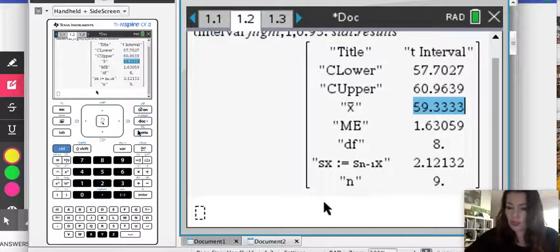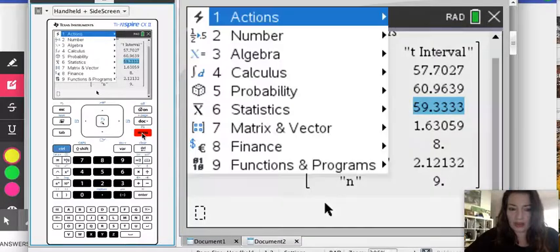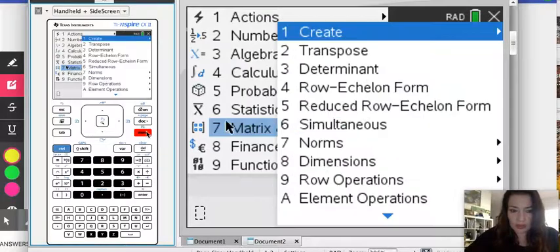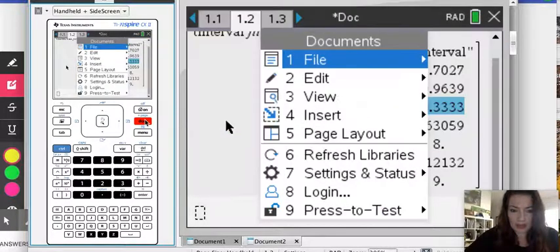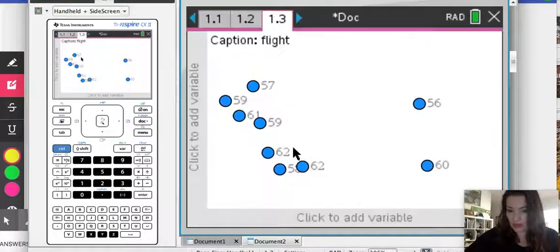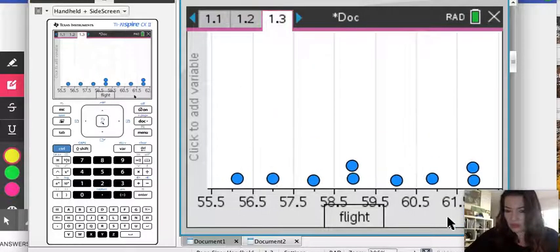What we want to show is that our sample appears to be somewhat normally distributed. So I'm going to add a page and go to Data and Statistics. That displays the values we entered from our sample. I called it flight, so there it is.